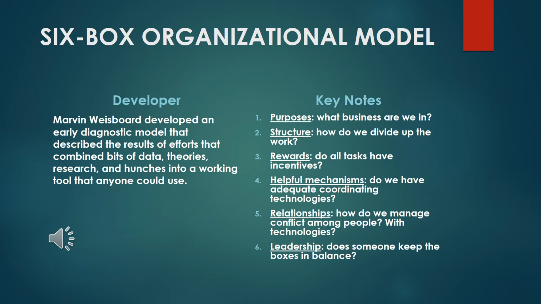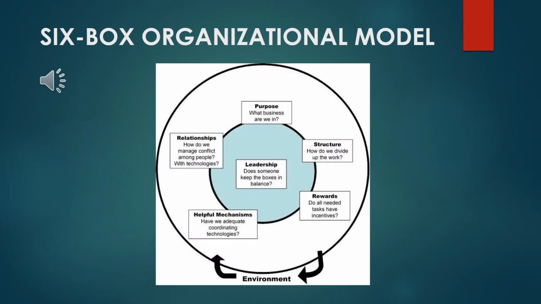When you select a model to use as your blueprint for diagnosing the change and what needs to happen, it helps you build a foundation and organize yourself into what questions to ask and how to approach these change processes. It helps you identify every single component or aspect that is wrong or lacking within the organization. This is the 6-box organizational model.